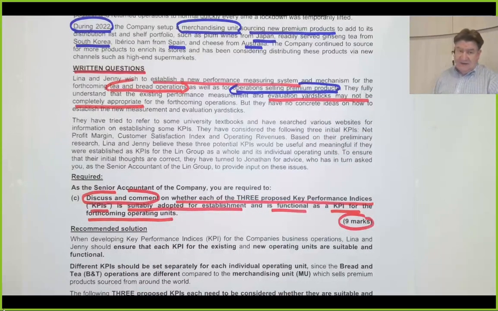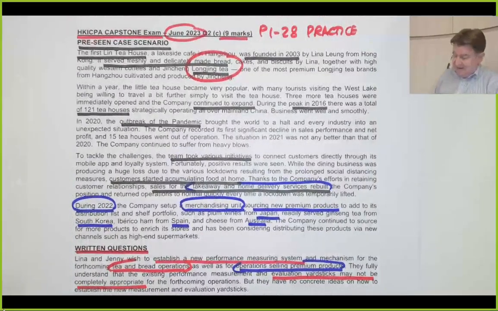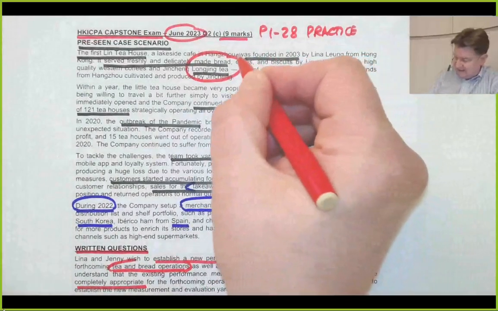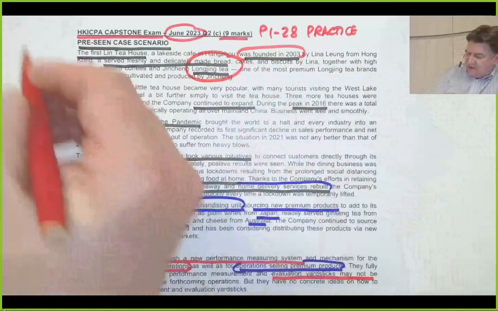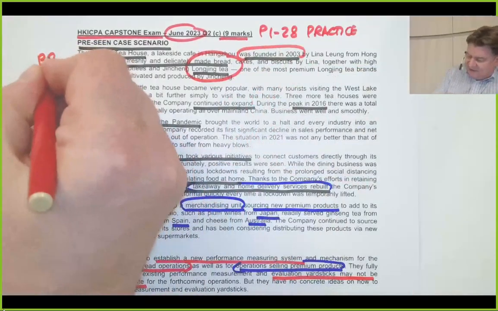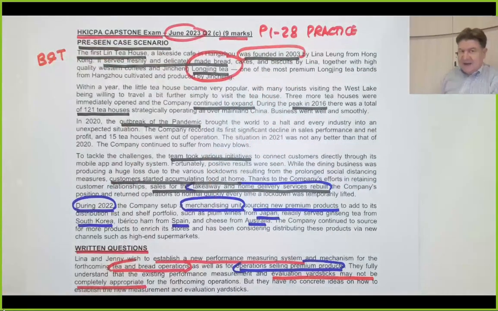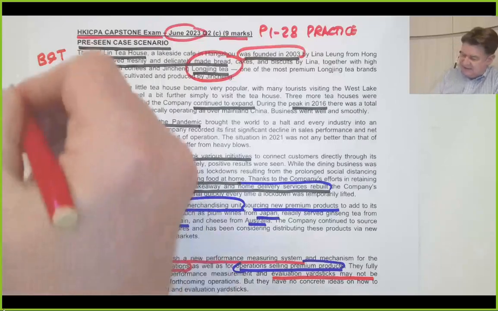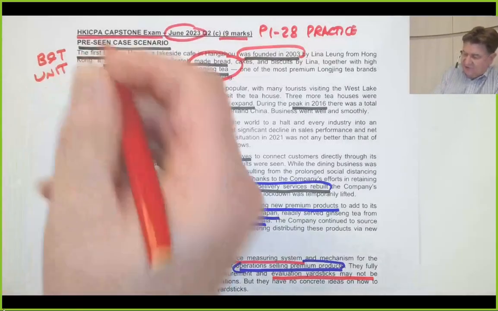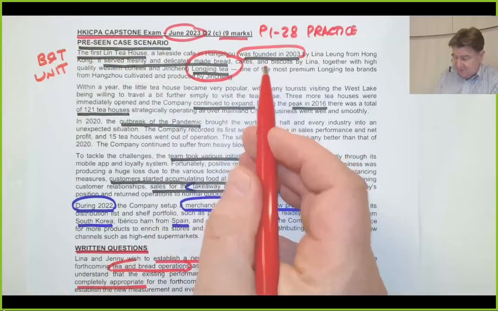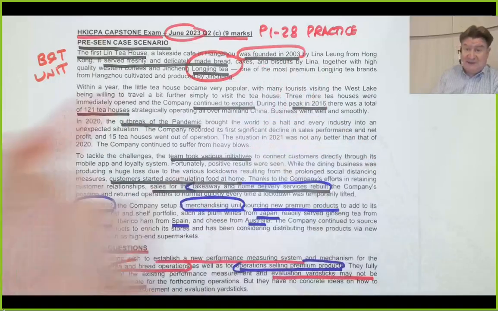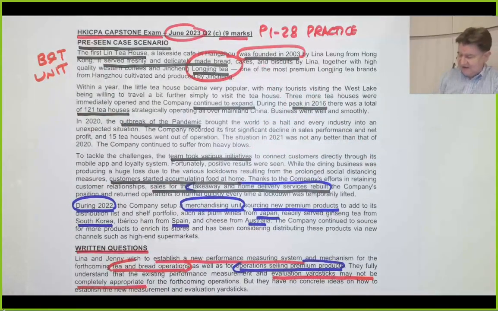And look, what we need to go back to, and what many students missed out, was this. If we go back here to the bread and the tea, this has been long established. So let's put down here, this is going to be our bread and tea. Let's call it, as they're calling it, an operating unit. And this one has been established a long time. It's been there since 2003.